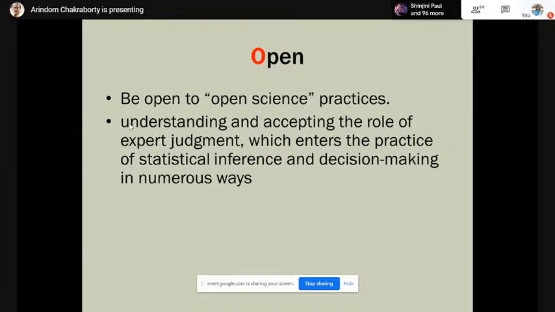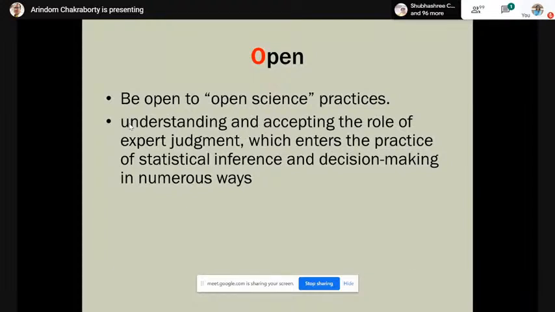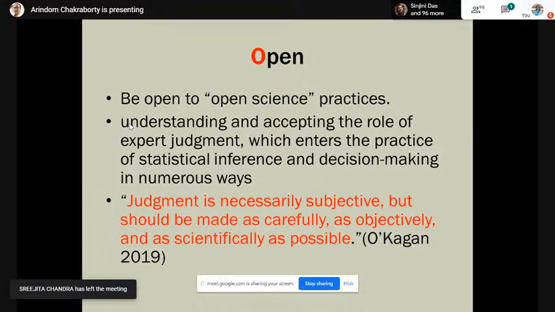Whenever you have some sort of prior knowledge, they incorporate that prior knowledge mathematically, or I should say statistically, in the model building process, and they make the model more general so that it can accept this sort of expert judgment. So this is one example where your approach should be open.